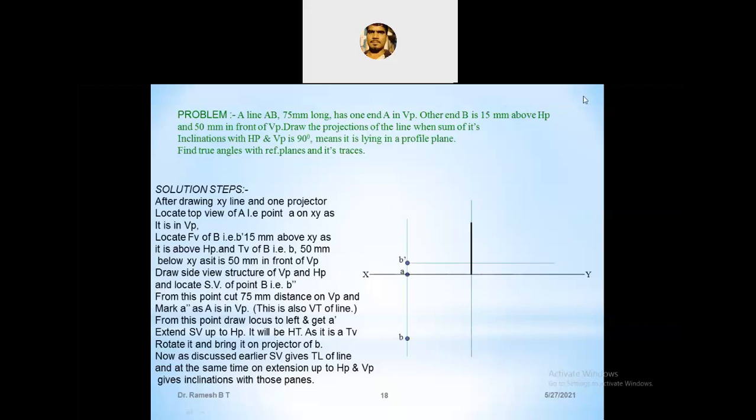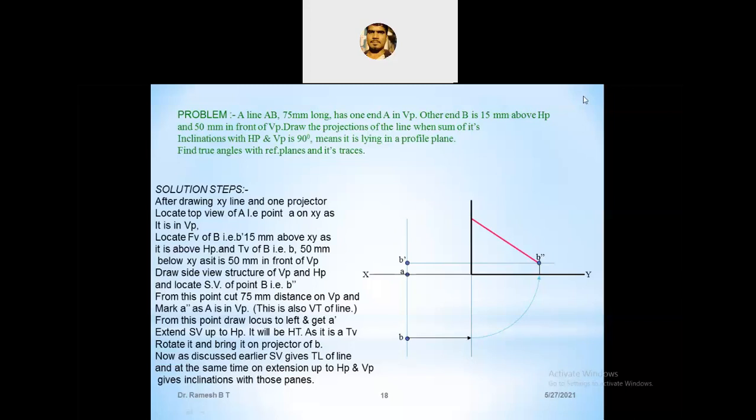So first you have to draw the XY line, and it is the first quadrant, so as usual above the HP, below the VP. The point A is given in VP.